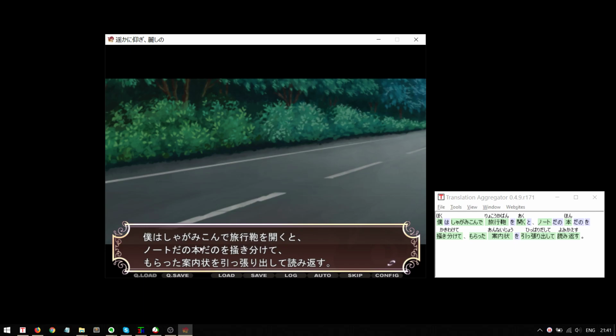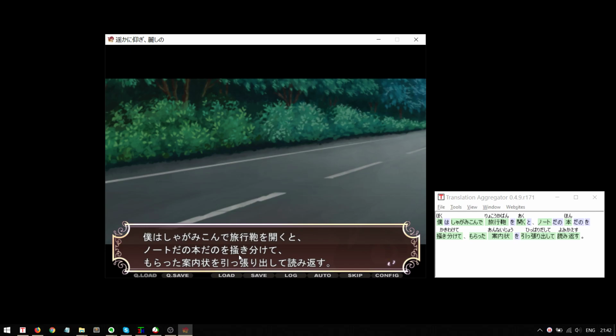So he opened his travel bag. ノートだの本だのを書き分けて。書き分ける means to search through, like to spread apart, to split apart. So he's rummaging through his bag, trying to find something.